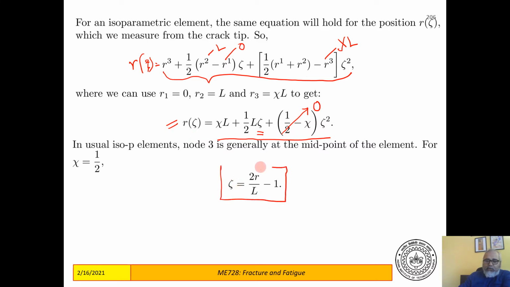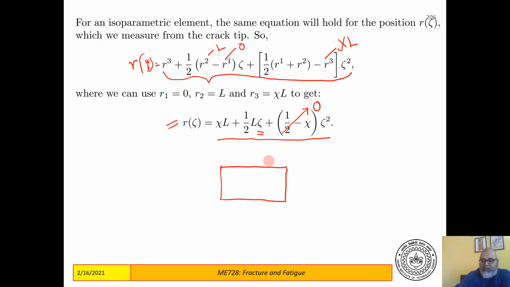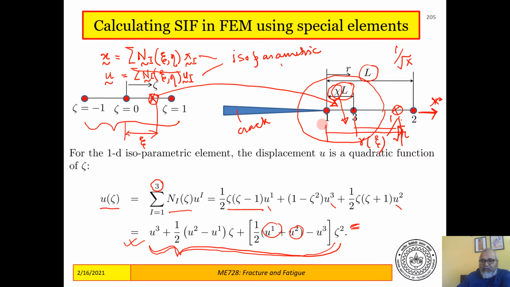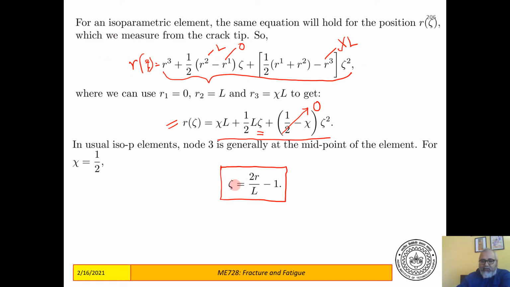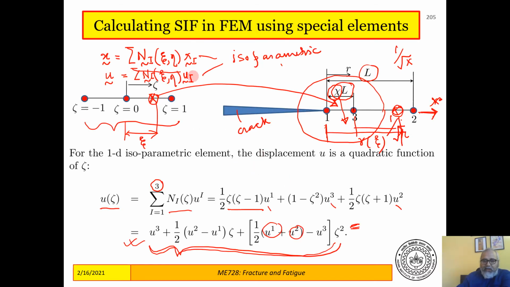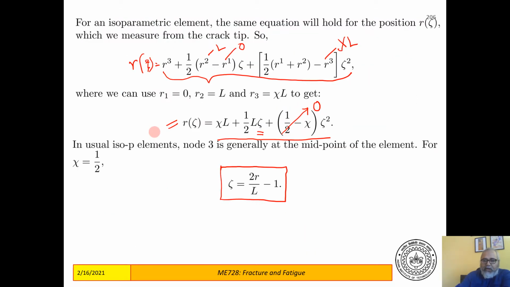This becomes the solution of zeta in terms of r. So if I'm given the r of this point, I can use this expression to solve for the zeta where it comes from in the parent element, if I know the r and chi is equal to half.